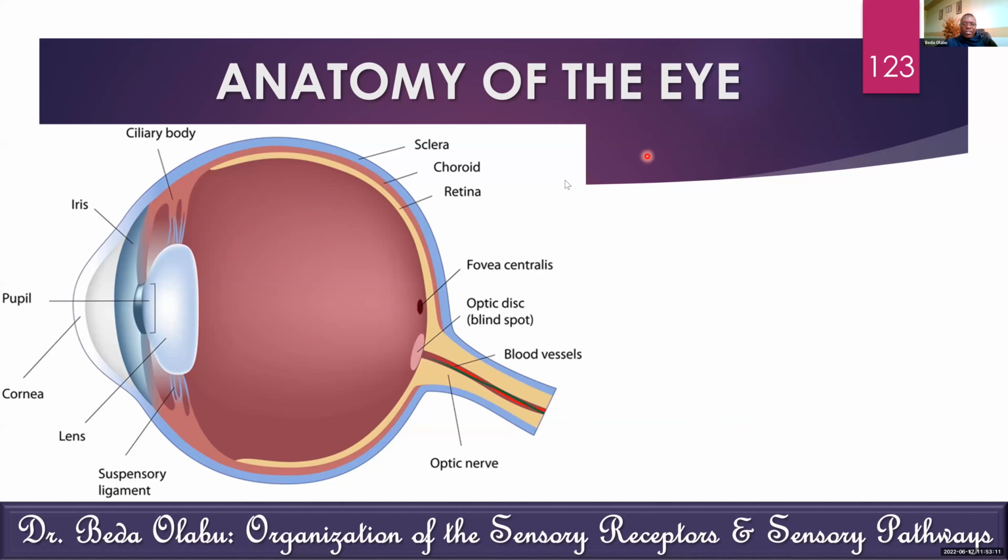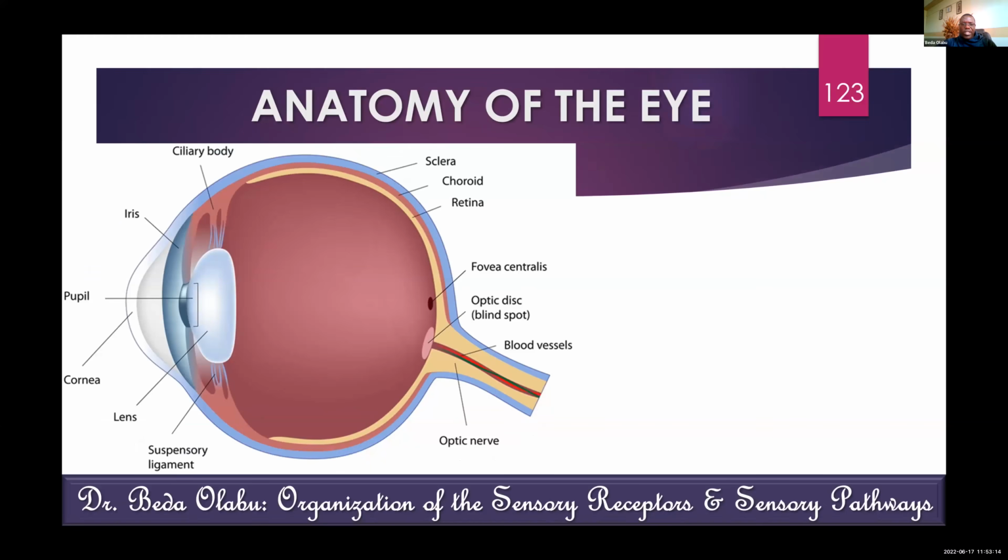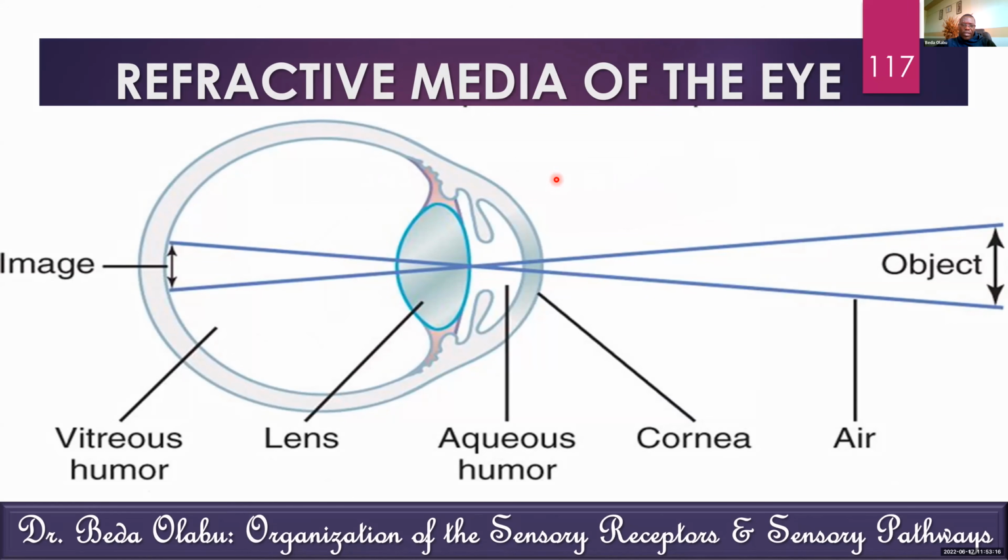All right, now something else we are forgetting. Something about the chambers of the eye. It's important to talk about the chambers of the eye. So there's what we call chambers, and there's what we call segments of the eye.